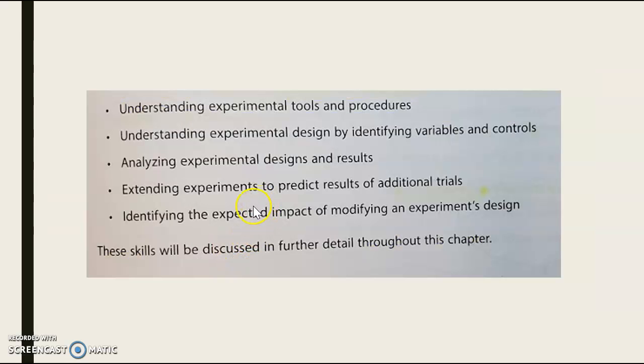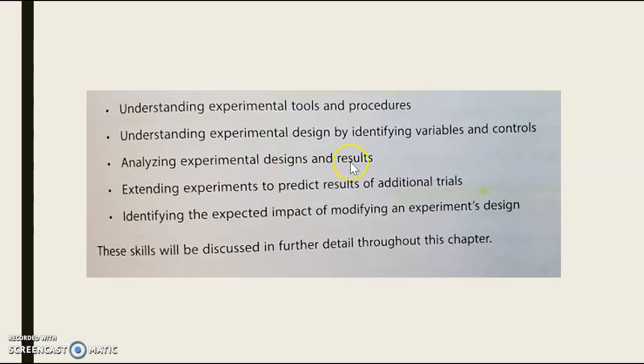The questions that you will encounter will follow some of these things that they're looking for. Are they appropriately using tools and procedures, and how? Make sure that we understand how the experimental design looks and what the variables are and what the controls are.